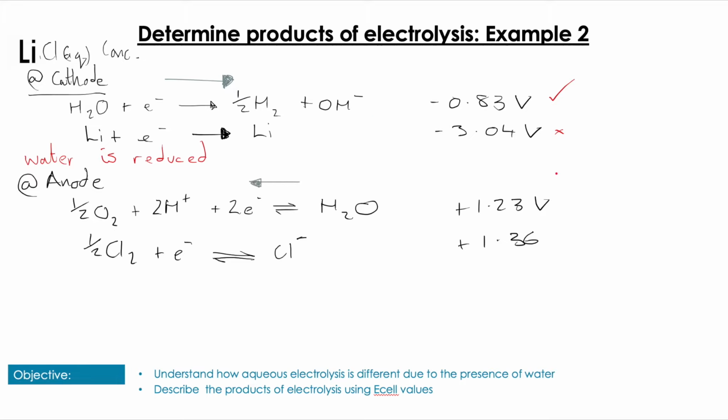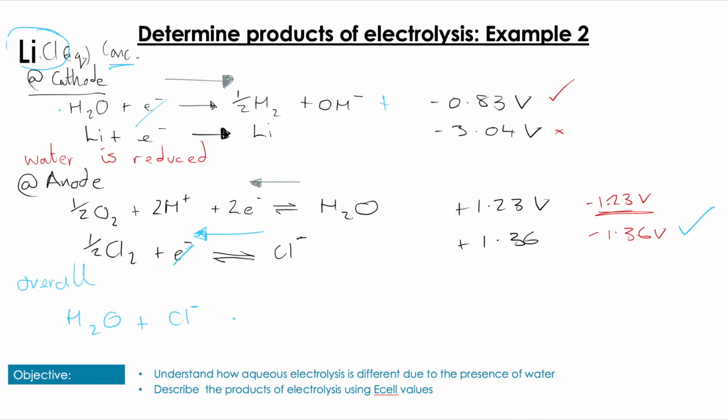So using our rules, this would mean that the water will of course be oxidized. However, we know that because we've got a concentrated solution of lithium chloride, our overall reaction is going to include the oxidation of the chloride ions. So we get water plus Cl minus gets half Cl2 plus half H2 plus OH minus.